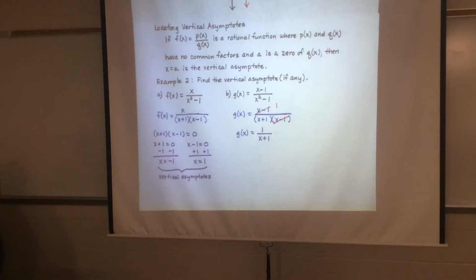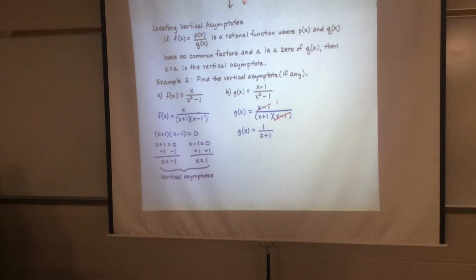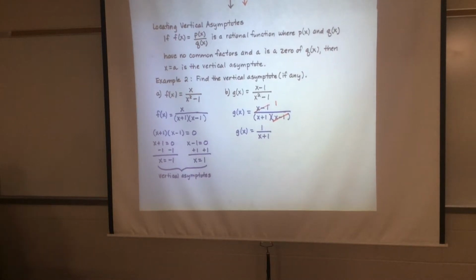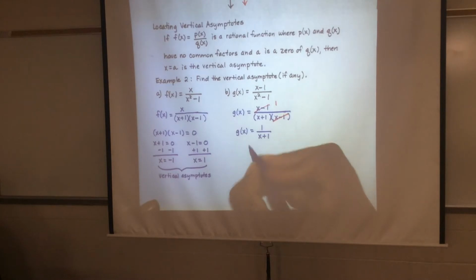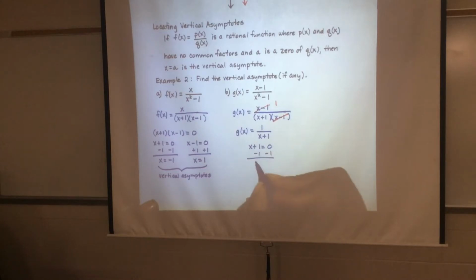Okay? So here I have to get rid of my common factors before I can determine what my vertical asymptote is going to be. And in this case, I can take that x plus 1, set it equal to 0, and solve for x. And then if I subtract 1, I'm going to get x is equal to negative 1.